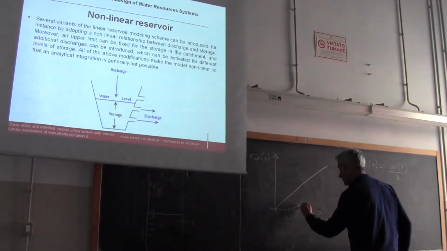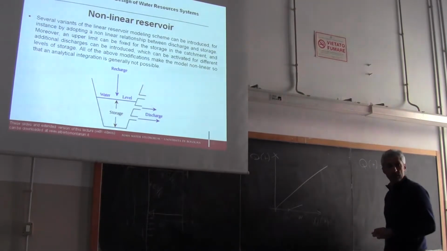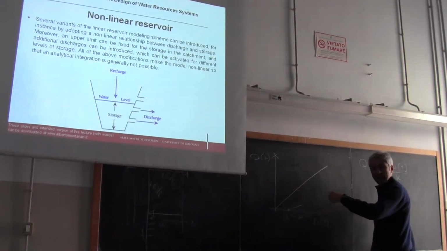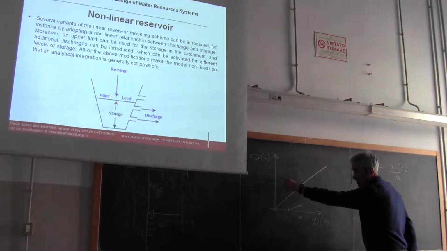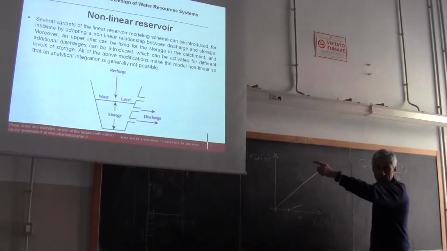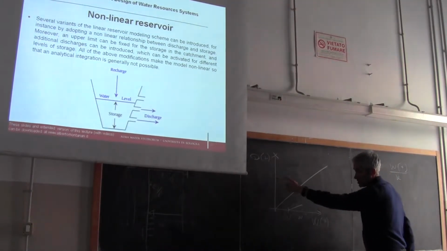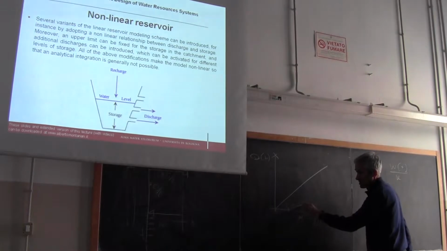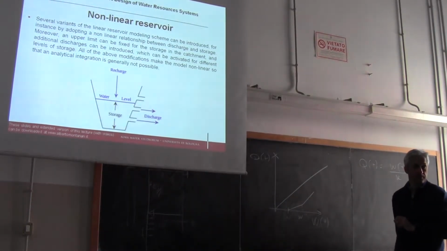And therefore, if I put W double prime here, what happens is that by activating the second discharge, the relationship between discharge and storage becomes steeper. Slope increases.